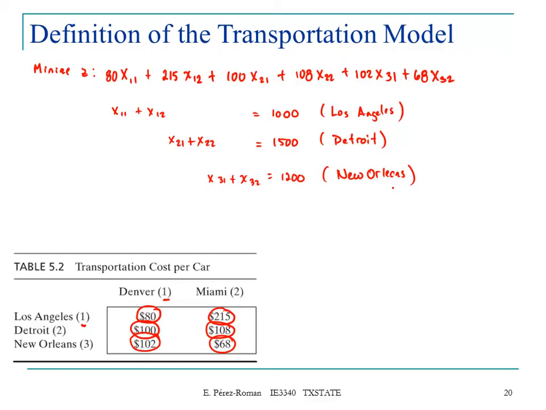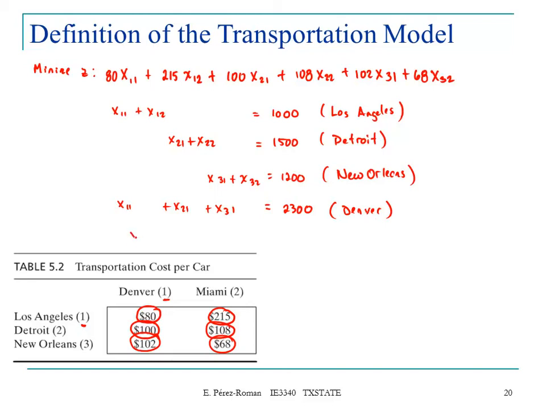Now we're going to formulate the constraints for the demand. So we have X11 plus X21 plus X31 equals 2,300, and this is for Denver.